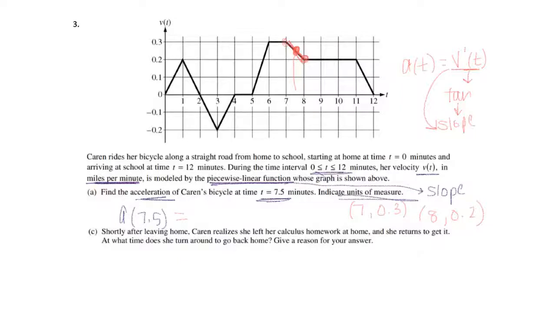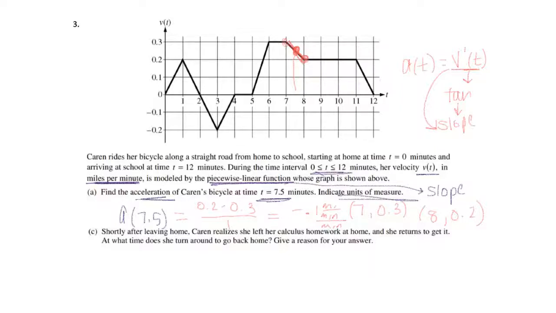And so my slope is 0.2 minus 0.3 over 8 minus 7. So that's going to give me negative 0.1 over 1. And then if we talk about our units, we have miles per minute per minute, or you can do miles per minute squared.